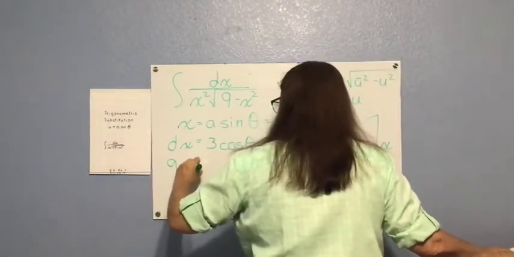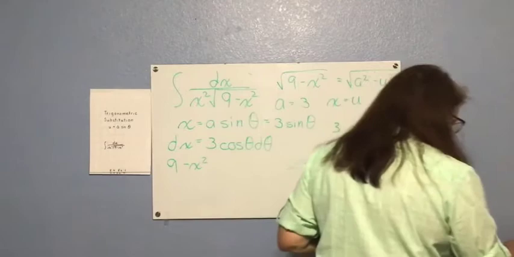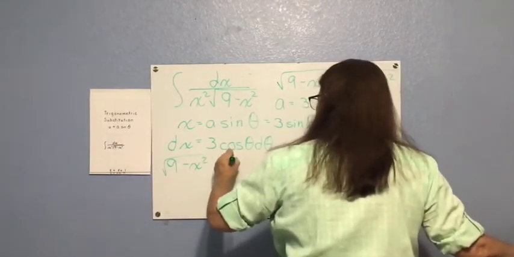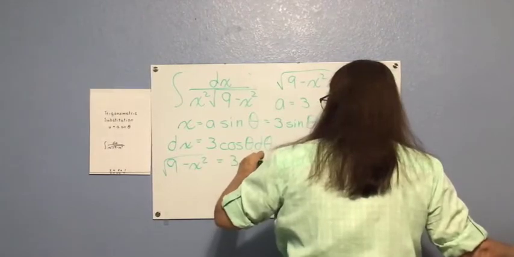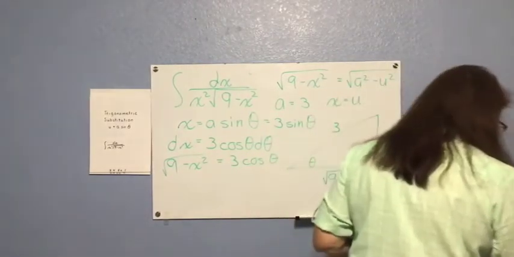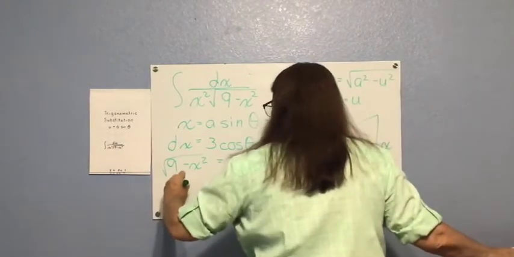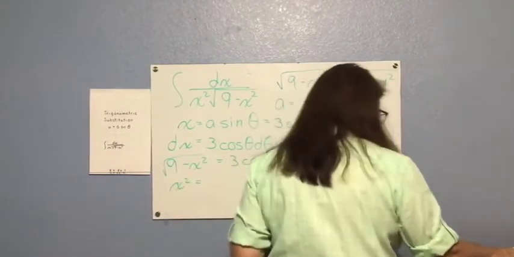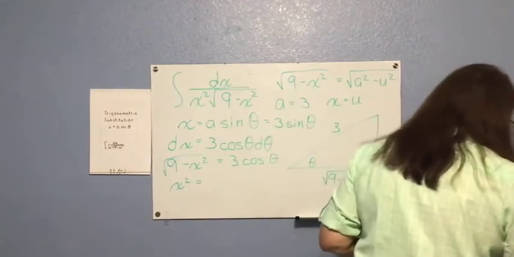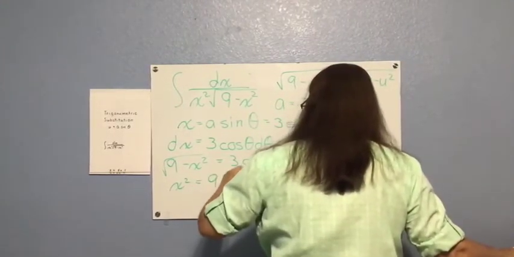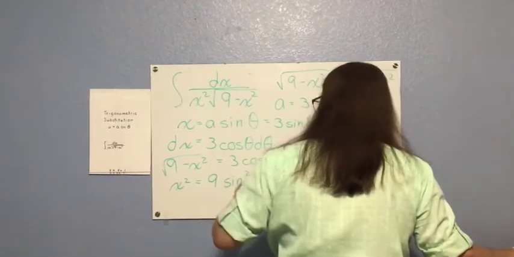The square root of 9 minus x squared will be 3 cosine theta, and x squared will equal 9 sine squared theta.